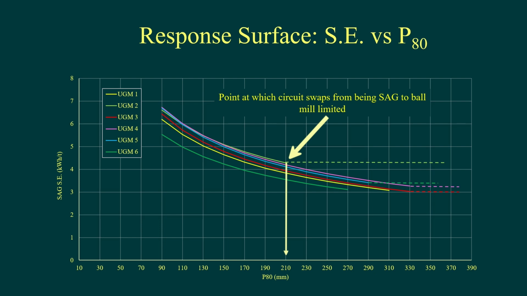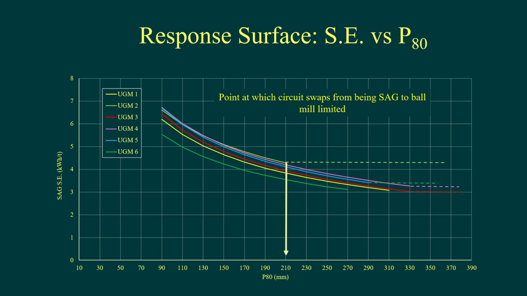And under those conditions, you have to progressively reduce the throughput so that you can achieve the desired P80. And as you progressively reduce that throughput, we see the SAG mill kilowatt hours per ton starts to ramp up.